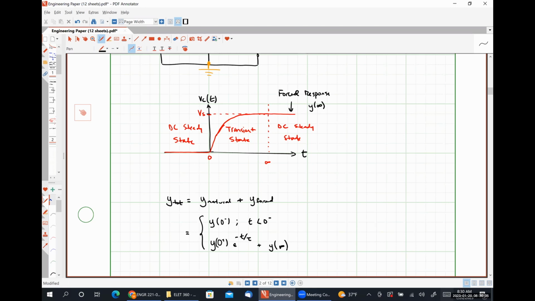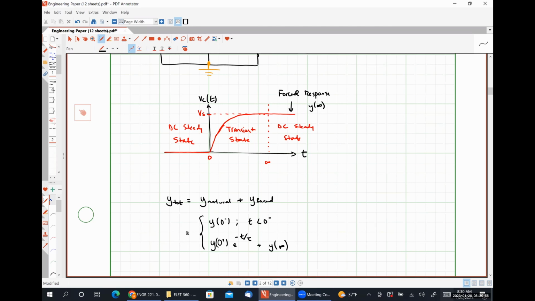So this is what generically our total response is going to look like. It's simply our natural response plus our forced response, where our forced response term is literally just what the circuit is doing at t equal to infinity.